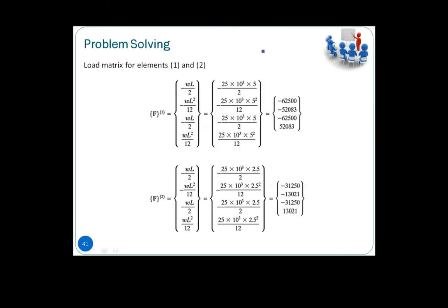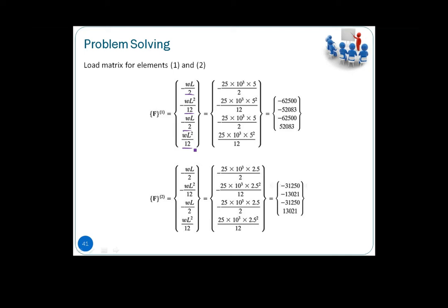Then we also have to find the load matrix in this case. The load matrix is also a 6 times 1 matrix. First we have the first element, with 2 nodes, 4 degrees of freedom, so we have a 4 times 1 matrix. Again, we have negative WL squared over 12, negative WL over 2, then positive WL squared over 12.